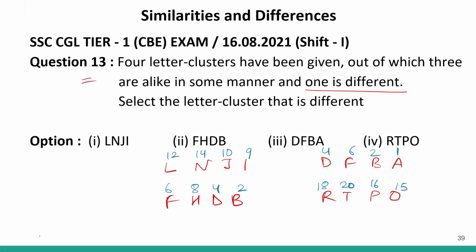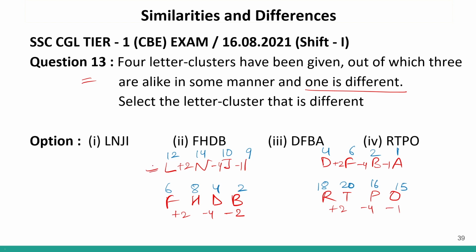So here if I see the logic, this is plus 2, this is minus 4 and this is minus 1. Similarly, plus 2, minus 4 and minus 1. Here plus 2, minus 4 and minus 2. Here we have plus 2, minus 4, minus 1.